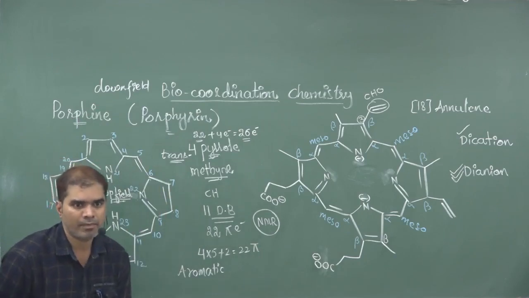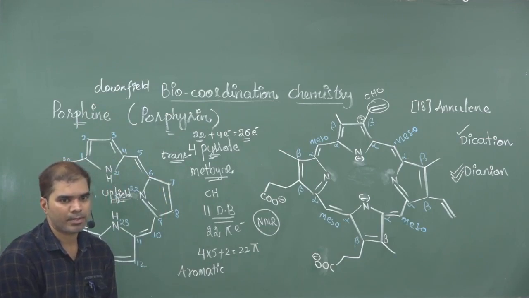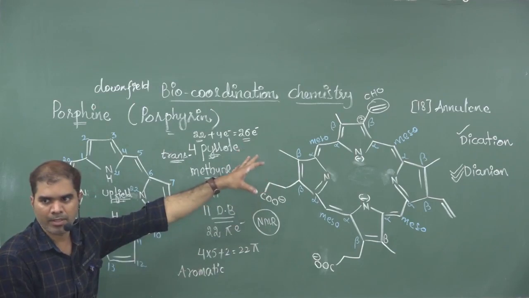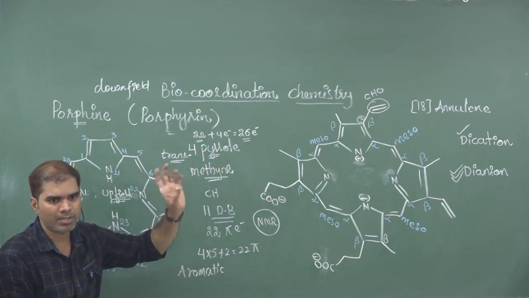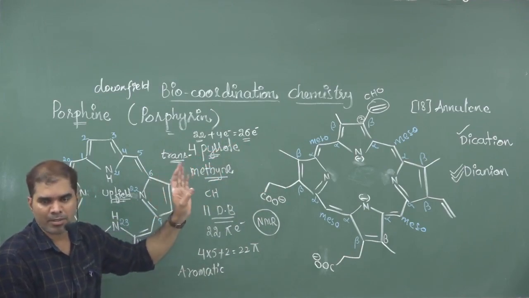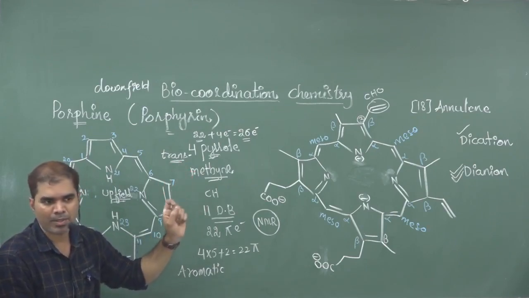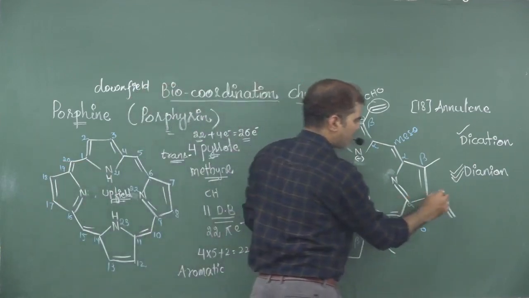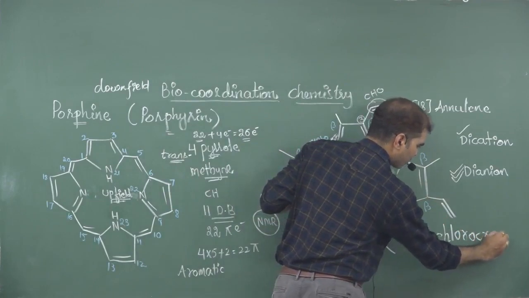Suppose this is a porphyrin, and at the third position, instead of a double bond, I am changing it by a CHO. Just an oxygen is being added. That brings a lot of changes. That pigment is called chlorocruorin. The pigment is completely changing.